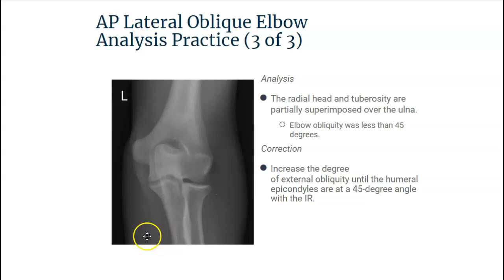The radial head, neck, and tuberosity here are still demonstrating superimposition by the ulna. So in order to correct this imaging positioning error, we need to increase the degree of obliquity so that those humeral epicondyles are sitting at a 45-degree oblique with the IR.